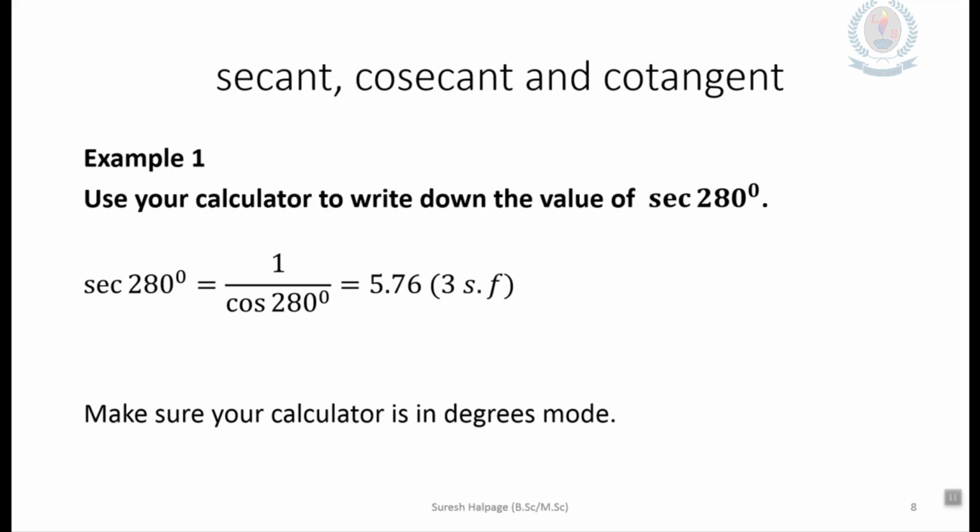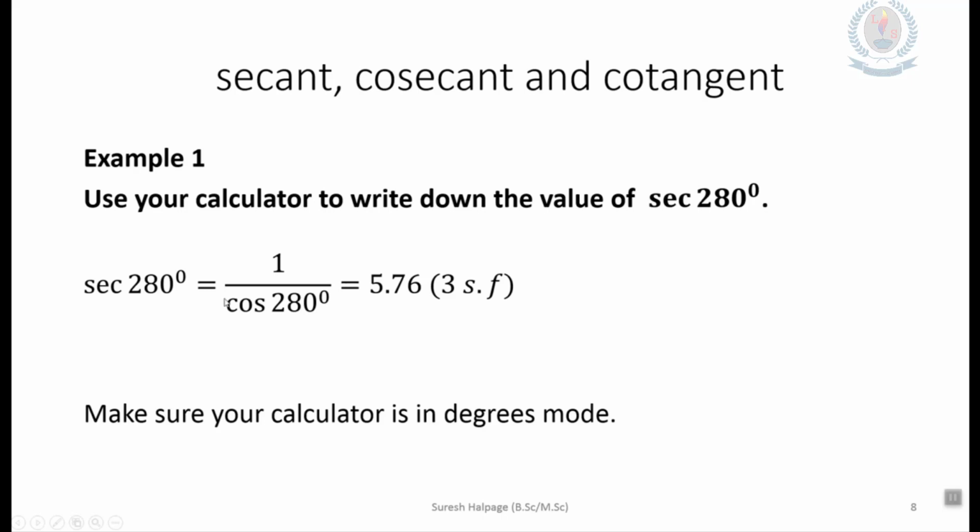You can't find buttons for sec, cosec and cot on your calculator. So what are you going to do? You need to rewrite the sec function.